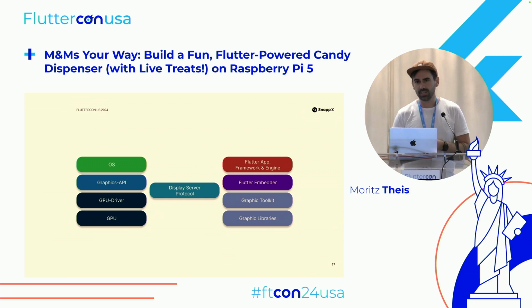They connect to the graphics API, such as OpenGL or Vulkan, which connects to the operating system through to the display server protocol. We have graphics toolkit and libraries, such as GTK and GDK. Finally, our Flutter embedder. You don't need to understand all of this, but I want to explain how you have to decide what embedder you should use for a different target setup, just by a few examples now.